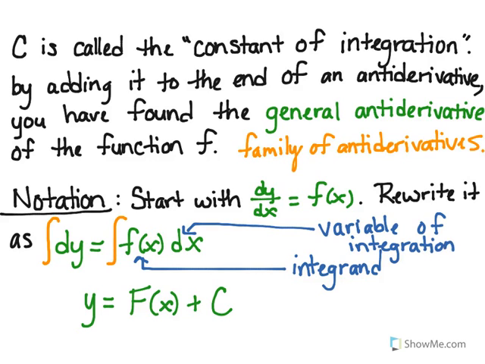Meaning we're going to find the antiderivative with respect to, in this case, x being the variable. And we'll see different things written there. We'll see dx written there, dy written there, d theta written there, lots of different things. Capital F of x is your antiderivative. And the plus c is your constant of integration.